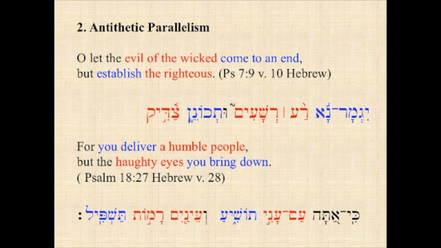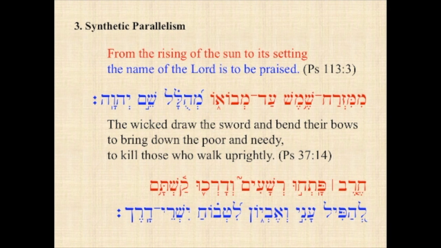Another kind of parallelism that Lowth labeled was what is called synthetic or formal parallelism, where the meaning of the two lines is not really either the same or the opposite, but rather the second line continues on to introduce a completion or another thought. So, for example, "From the rising of the sun to its setting, the name of the Lord is to be praised."